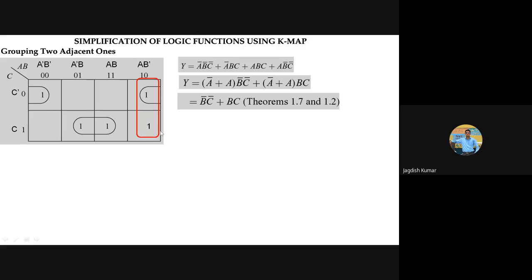You have to make sure that you write down every one sitting in the K-map. Either you incorporate it in some pair, or if it is not able to make a pair, then you write down the product term corresponding to that one completely with all the literals. I hope that is clear.